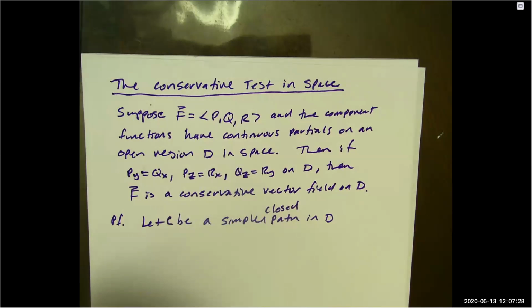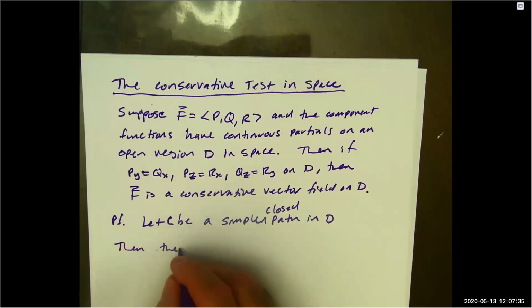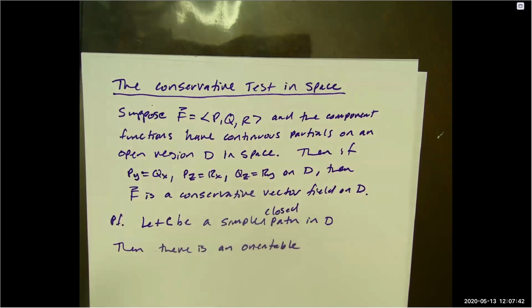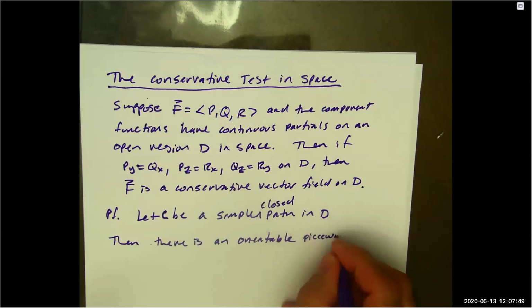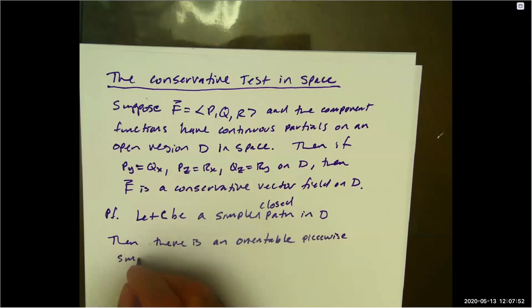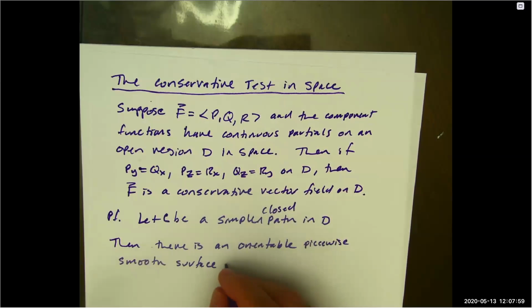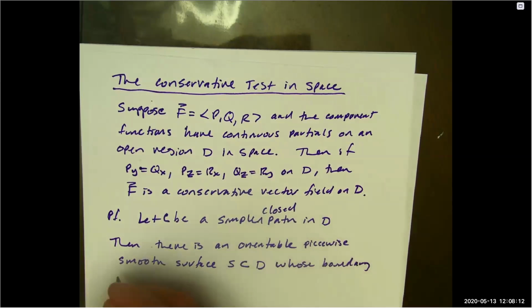Then here's the tricky part. There is an orientable piecewise smooth surface S that's a subset of D whose boundary is C. And this is a true statement.